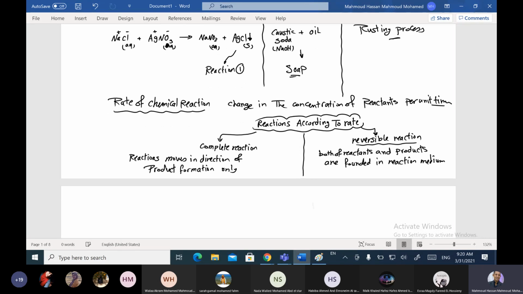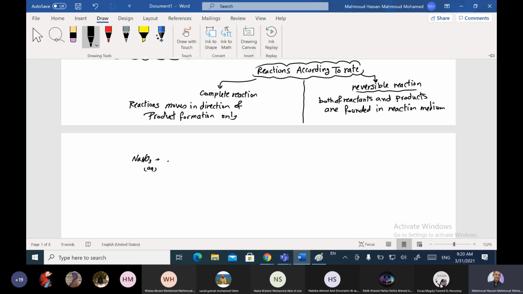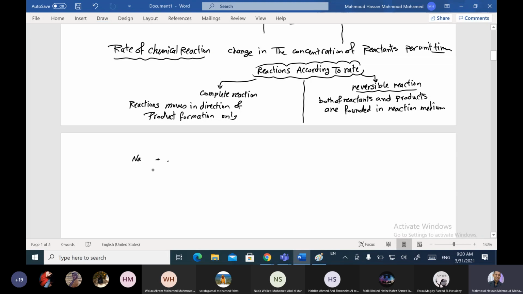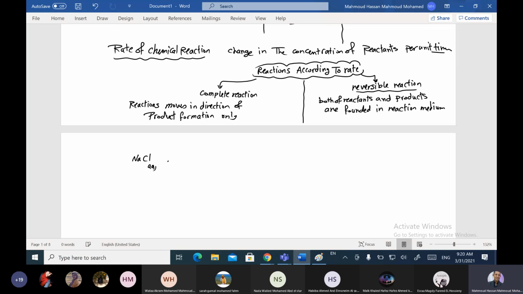Let's talk about examples. Aqueous sodium chloride reacts with silver nitrate, as in aqueous solutions, and gives us NaNO3 plus AgCl, a solid precipitate that is formed.